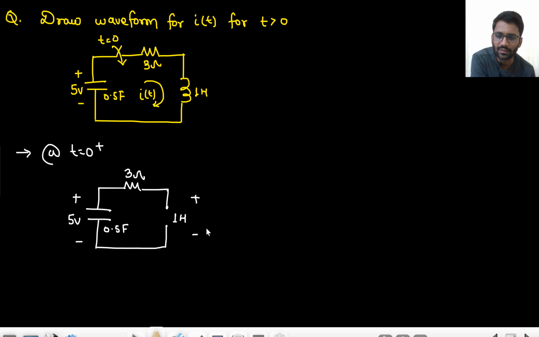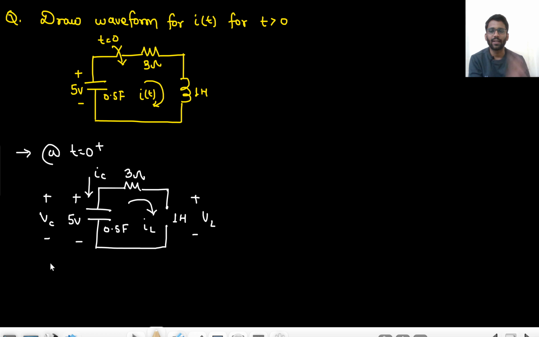Okay, I will call this as VL. If I am calling this as VL, that means my IL will be something like this. If I am calling this as IC, this is my IC, then this will be my VC, right? I need to find IT. So here IT is equals to ILT minus ICT.